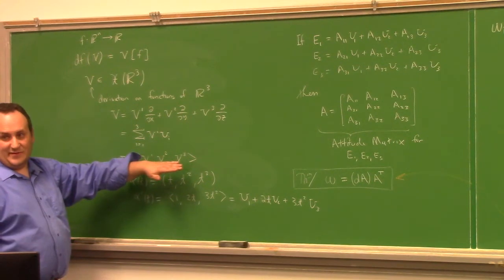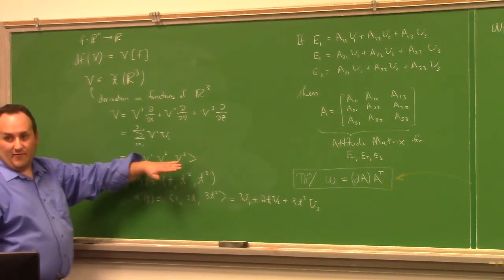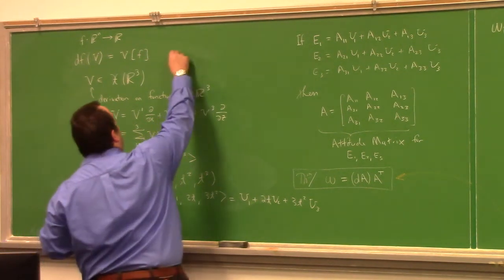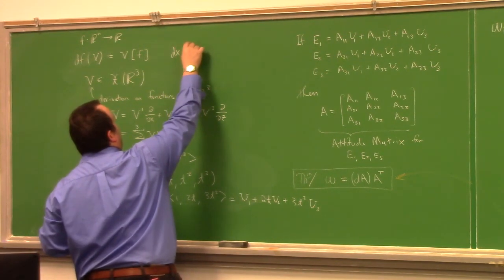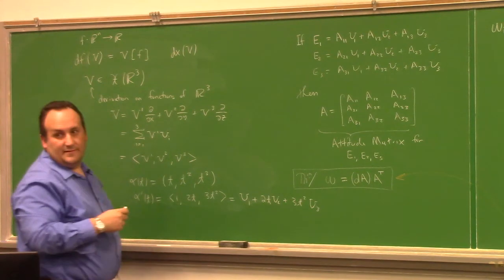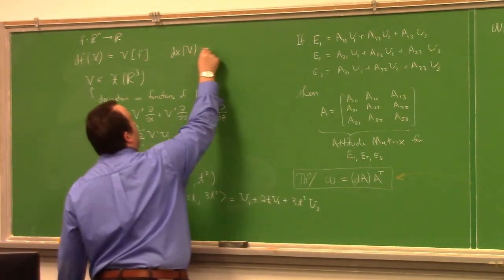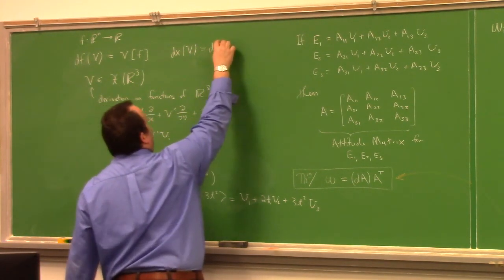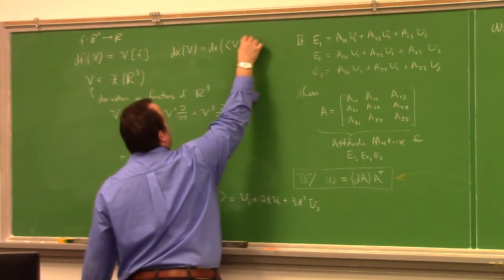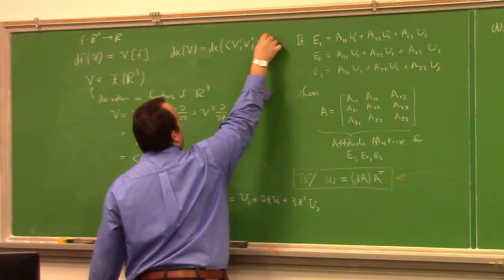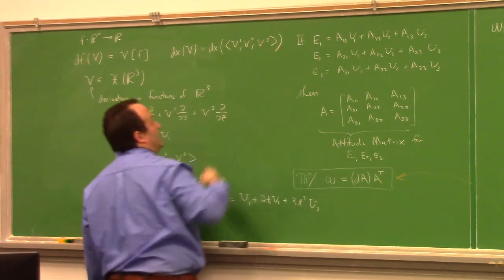Not a little bit, right? And so when I have something like, for example, dx acting on, let's say, v, and v is the vector, I would strongly discourage writing this. That is not helpful.